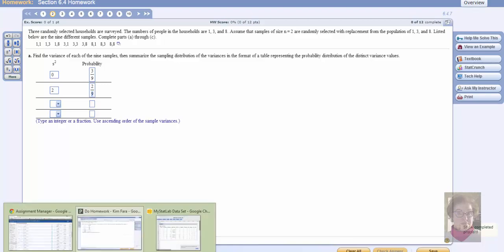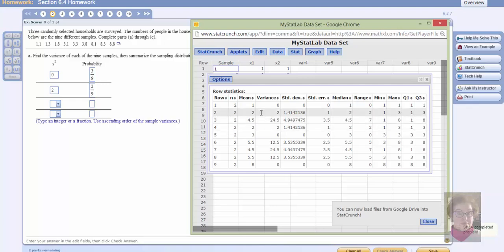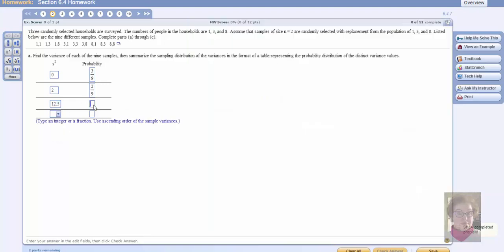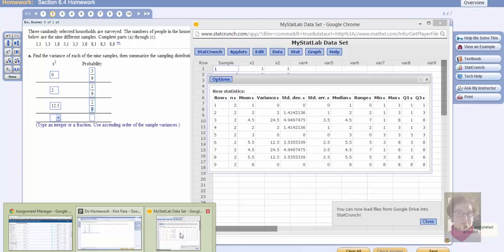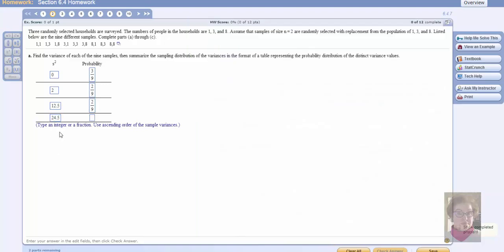Sorry, I can't keep this on here for you. My next one is 12.5, and you can see that happens twice, so 2 times out of the 9 possibilities. And then my last value is 24.5, and that also happens twice out of 9 times.